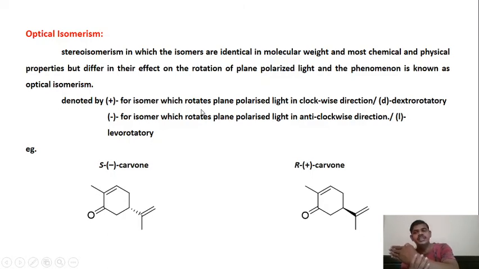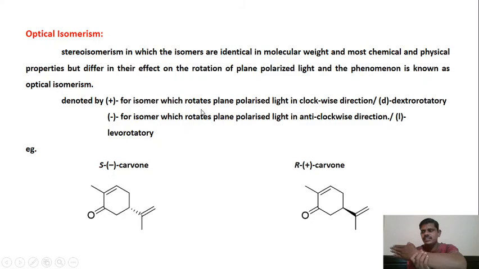Dextrorotatory means in the direction of the clock, and if it changes its path after striking the molecule to the anti-clockwise direction, that is the opposite. All the hands of the clock, second hand, minute hand and hour hand, move in the clockwise direction, and if it moves opposite, it is the anti-clockwise direction.